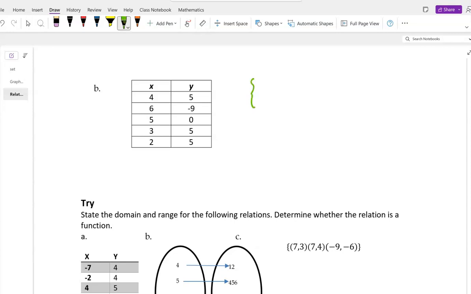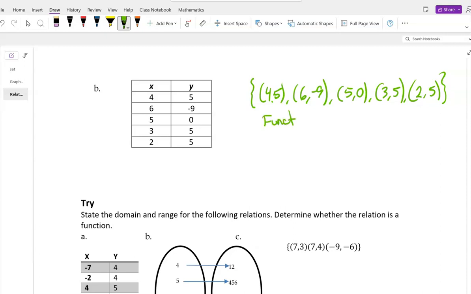So let's list the ordered pairs. (4, 5), (6, -9), (5, 0), (3, 5), and (2, 5). All right, looking at the inputs and outputs, this is a function. Okay, so now we can do the domain and range.